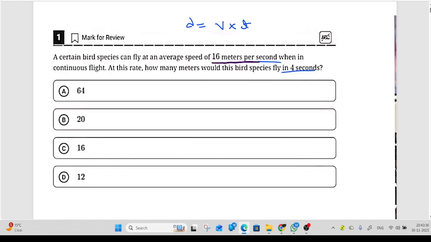So speed is given and time is given. If we just plug in the values, 16 times 4, this is going to give me distance in meters because the speed is in meters per second. So 16 times 4 is 64 meters. So this option is correct, right? Let's see our next question.